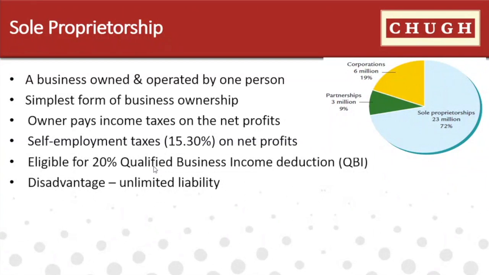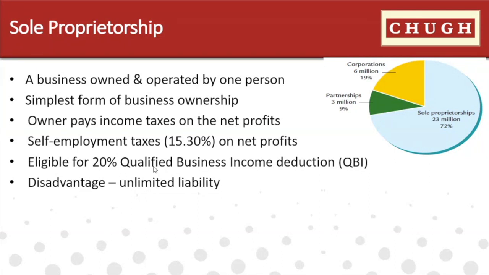That adds up to 7.65%, which the employee has to pay, and the employer has to match. So that's how it becomes 15.3%, which is required on income up to $137,000 for Social Security. For Medicare, there is no limit. If, let's say, the business has a $500,000 profit, then Medicare tax applies to the entire $500,000 profit.